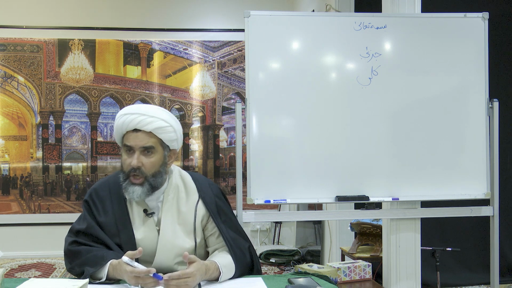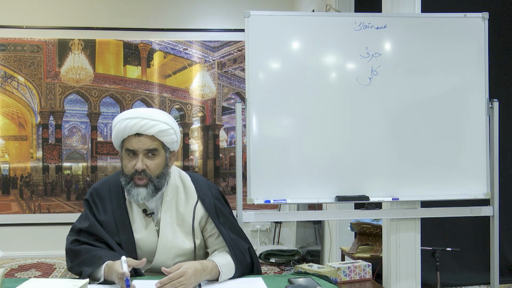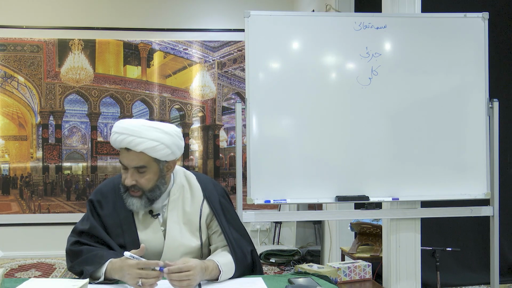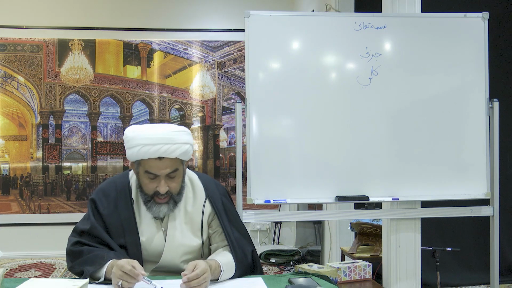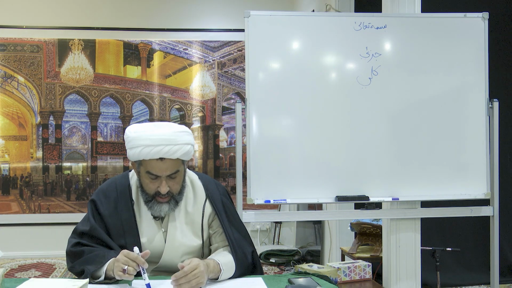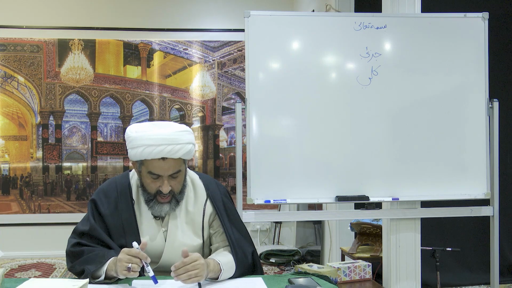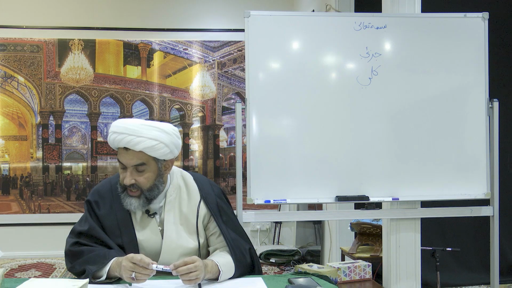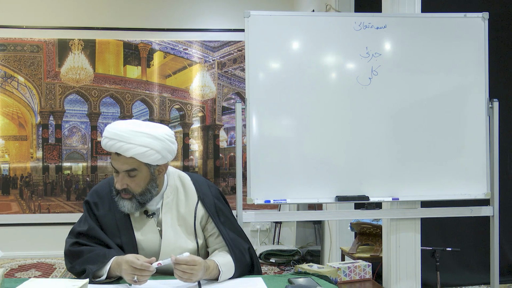So that means that it's not going to be kulli. It's also not going to be juz'i in that first sense, which is not related to logic. What is it then? It is a qadiyya hamliya, but of a different type, which is juz'iyya.